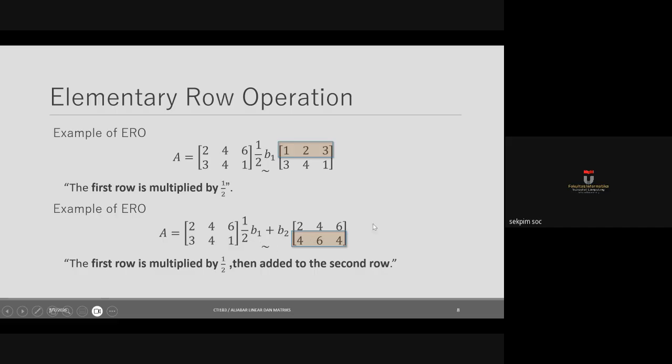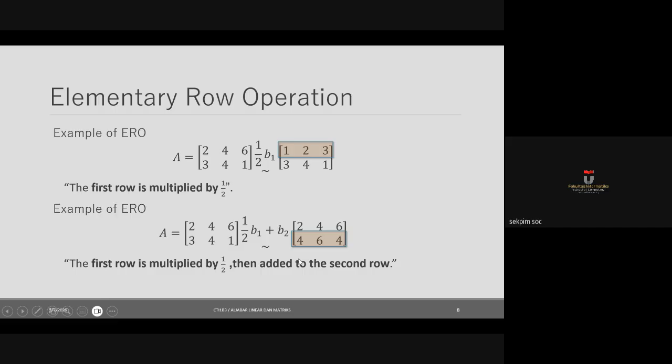So in this case, row 1 remains the same. The row that changes is the second row. In the second row, we have 3, 4, 1. After we add half of row 1, it becomes like this.